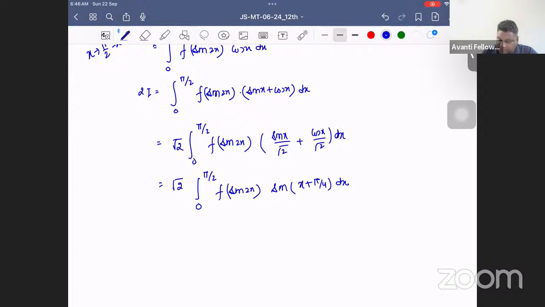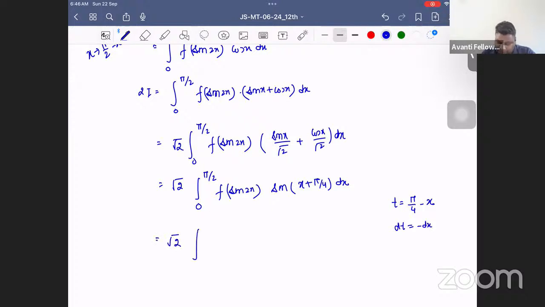Let us substitute t as pi by 4 minus x. So with this, both of the sines will convert to cosine. So dt will be minus dx. So it will be under root 2.